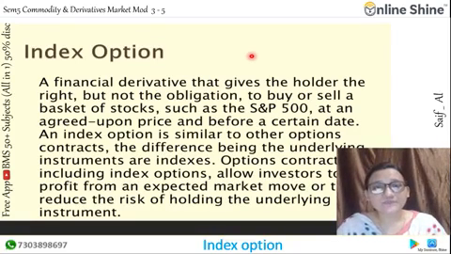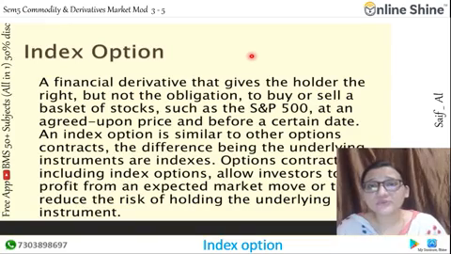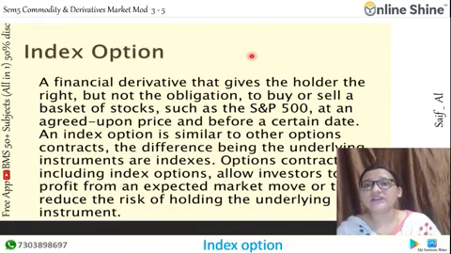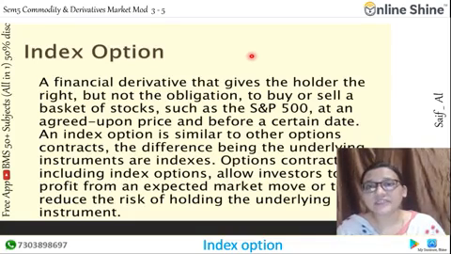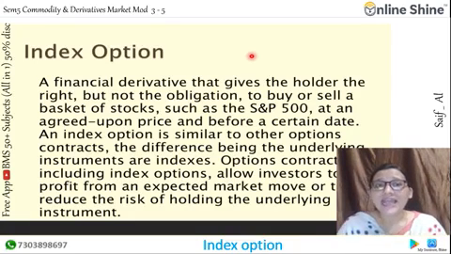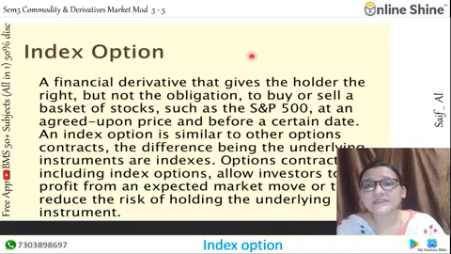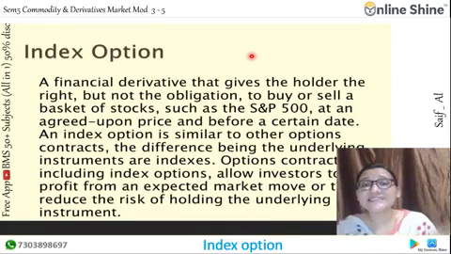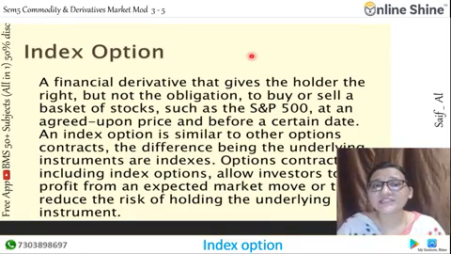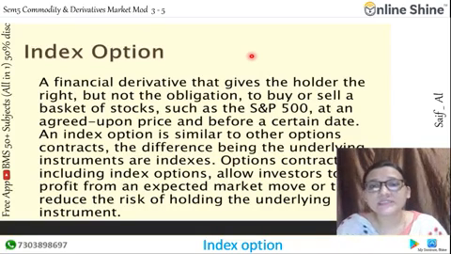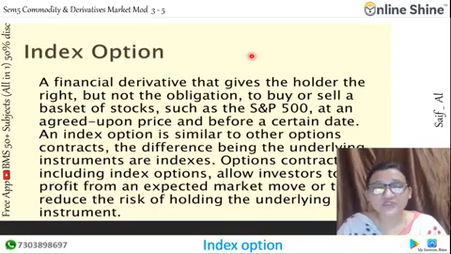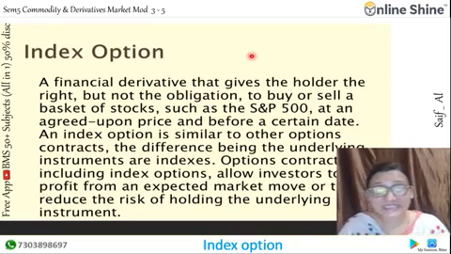Standard and Poor is a credit rating agency, and the S&P 500 is an index of 500 companies. An index option is similar to other option contracts. The difference is that the underlying instruments are indexes.